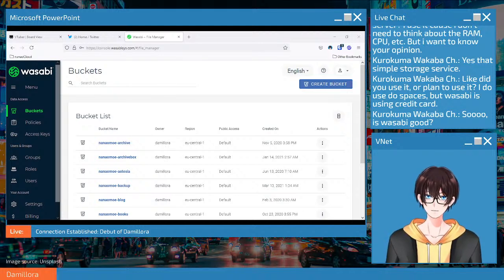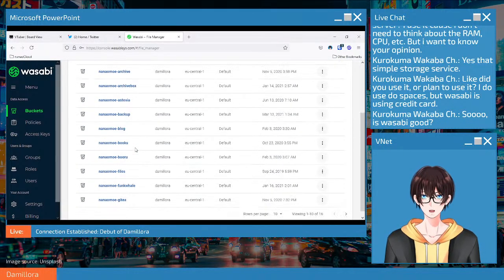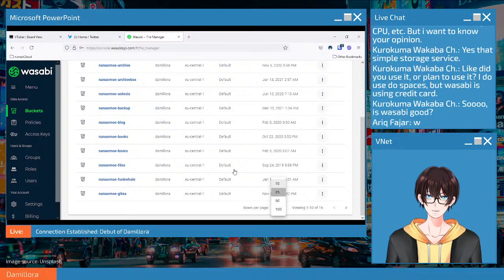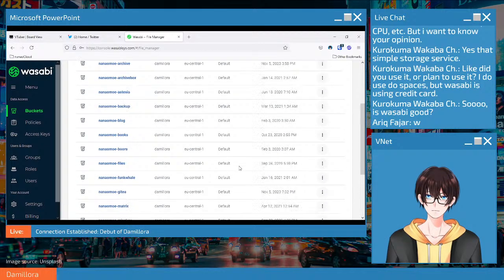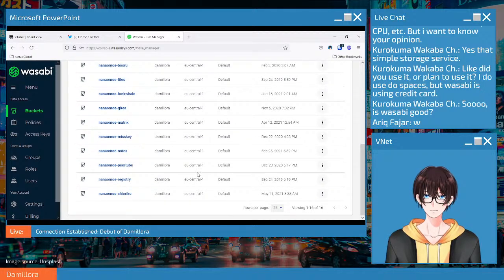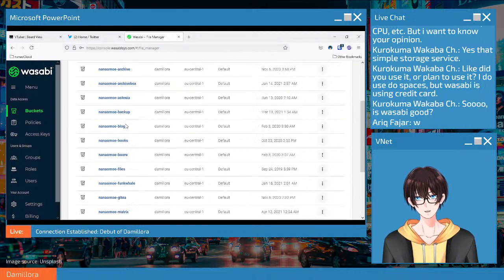But in this case you can see that I do have a lot of buckets here. I have lots of buckets in here that I use for stuff.